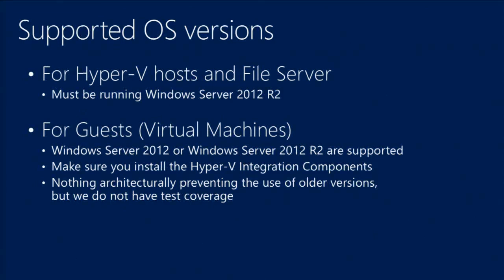Speaking of Generation 2, this scenario required us to work with the Hyper-V team, and there are changes in Hyper-V and changes in failover clustering. So in order to make this work, you have to be running Windows Server 2012 R2 on your compute layer and on your storage layer, okay? The other question that I get a lot is, Jose, can I do this against a third-party SMB 3.0 implementation?